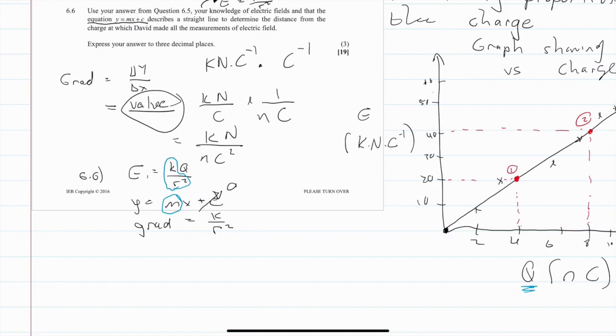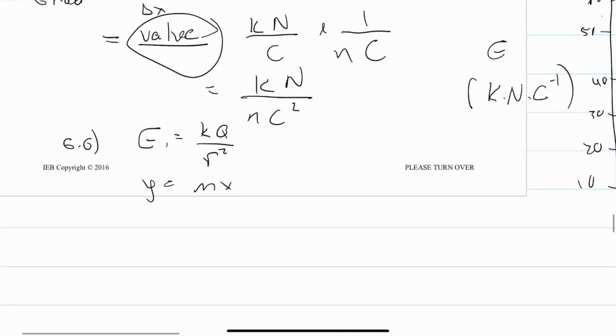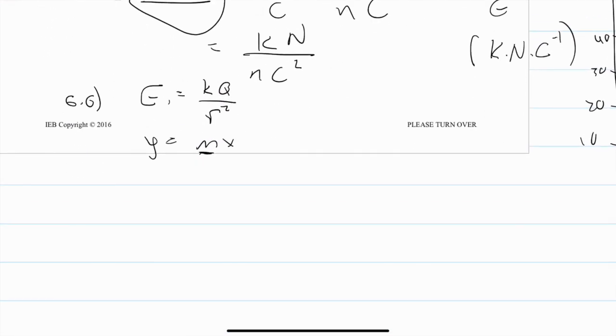So let's erase this and go one step back. We know that c is equal to 0, so we're left with that, right? Now I'm comparing these two equations, and I'm trying to figure out what is my m and what is my x. I already know y is equal to E, the electric field strength.